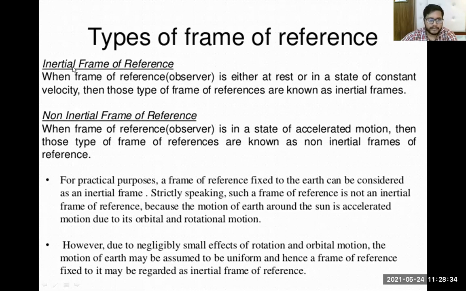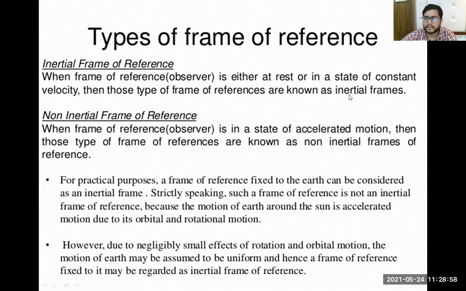So the first frame is called the inertial frame of reference. When the frame of reference, that is, where the observer is sitting, is either at rest or in a state of constant velocity, that type of frame is called an inertial frame. It means if the frame is not moving, or if it is moving, it moves with constant velocity.